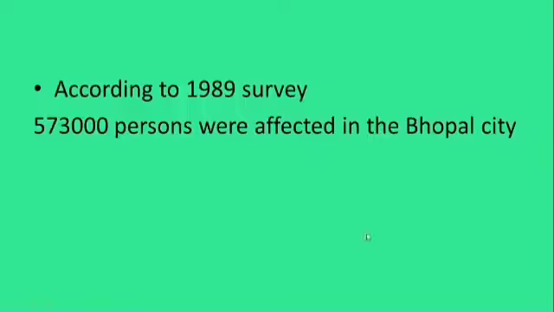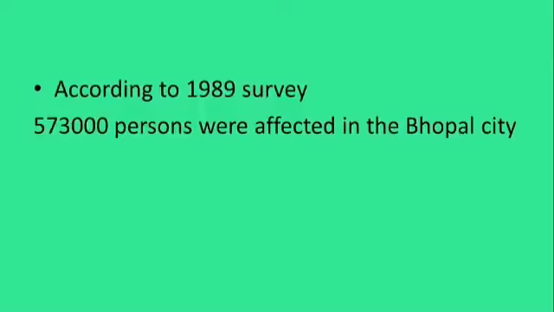So if we distribute $470 million among 5,73,000 people, it will be a very low amount per person. So after this judgment, no one really accepted this, and people are still waiting for justice to be delivered.